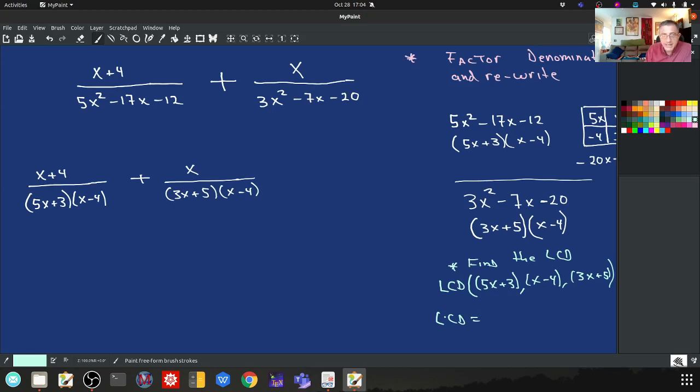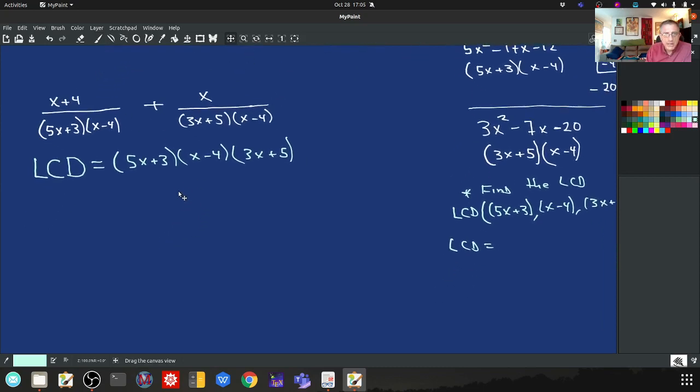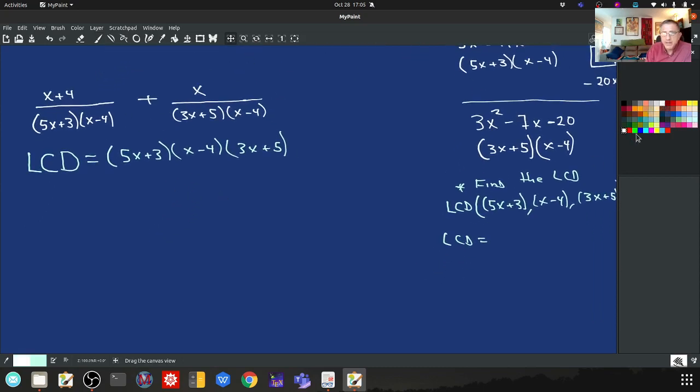So the LCD, and let's write it over here. And it's going to be a big, huge part. And many times we're just going to write the LCD until the very end. It's equal to 5x plus 3 times x minus 4 times 3x plus 5. And my final answer is going to be over the LCD. Now what I ask you to do is we're going to find our k values.